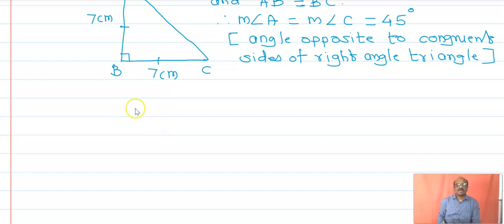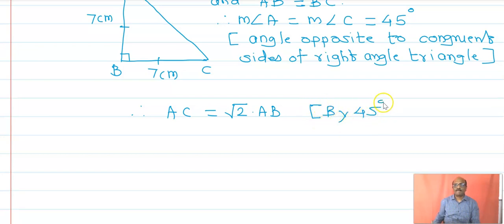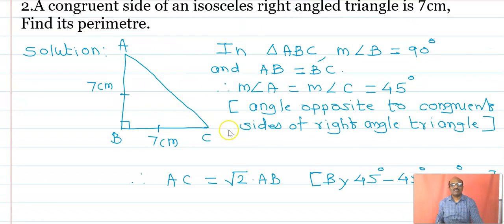And therefore we have here the AC is equals to root 2 into AB. That is the theorem by 45, 90. ओके, त्यानुसार आपल्याला ते फाइंड आउट करता येईल.